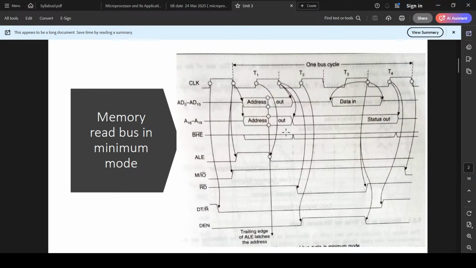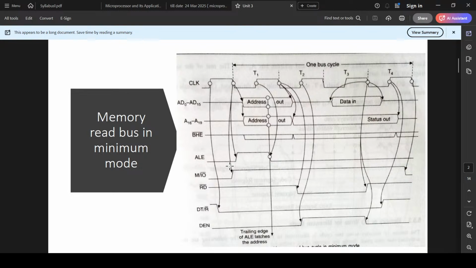Let's see the difference between the memory read bus diagram and the memory write bus diagram. The AD buses are there and the address bus is there. It goes data in, status out.